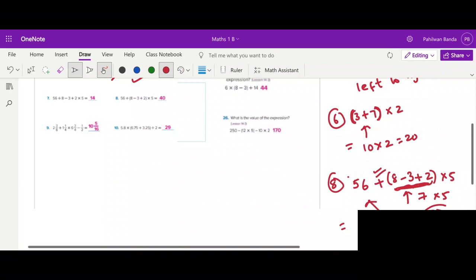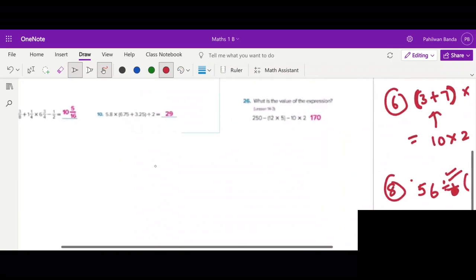56 plus 30. Sorry, this is division, not plus, it's division. 56 divided by 30.